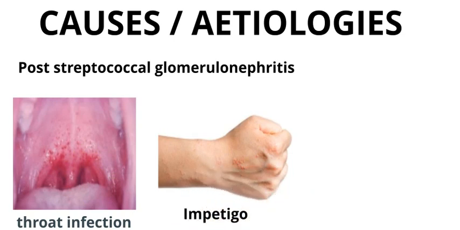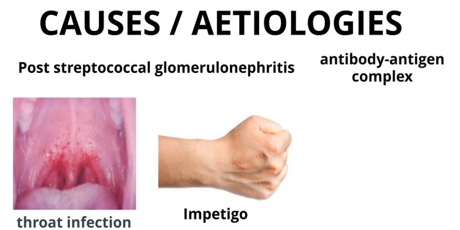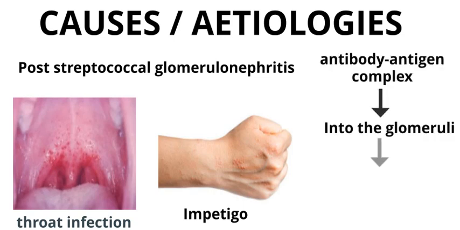In order to fight the infection, your body produces antibodies that eventually settle in the glomeruli, causing inflammation. This type of glomerulonephritis is normally common in children. However, it can also occur in adults. The rate at which children recover is usually higher than that of adults.